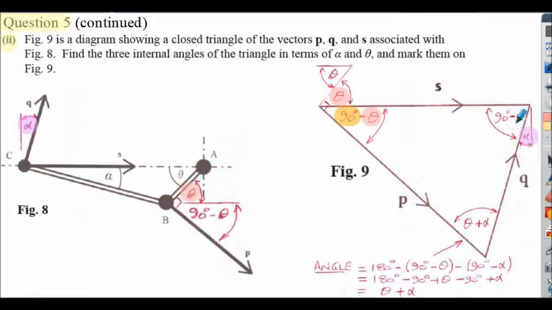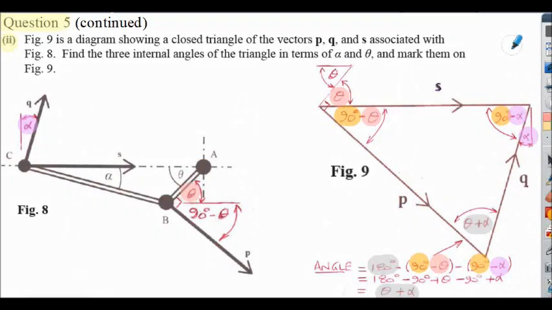So again, we can work out this angle, which must be 90 degrees minus alpha. To find the final angle, we know the 3 internal angles of a triangle add up to 180. So taking the other 2 angles away from 180, we find the third angle is theta plus alpha, this angle here. So there's the 3 internal angles derived in terms of alpha and theta.